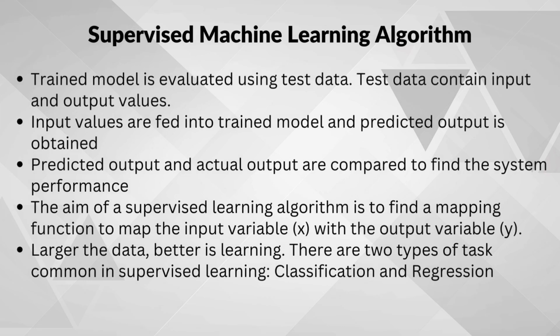So, main objective of supervised machine learning algorithm is to find a function which maps input values to the output values. Larger the training data, better will be the learning of the model. SML, that is a supervised machine learning algorithm task, is further divided as the regression task and the classification task.